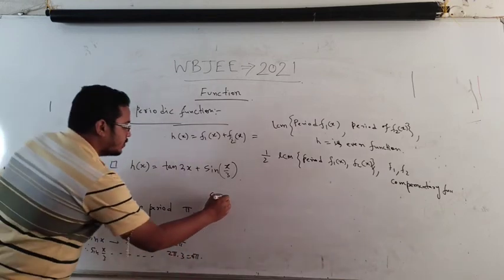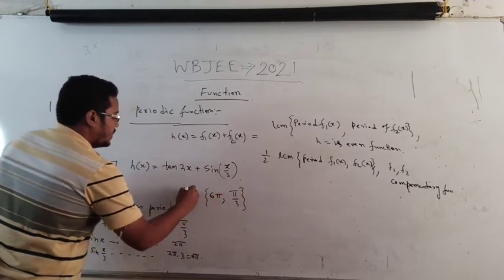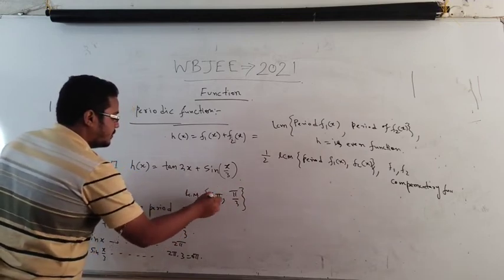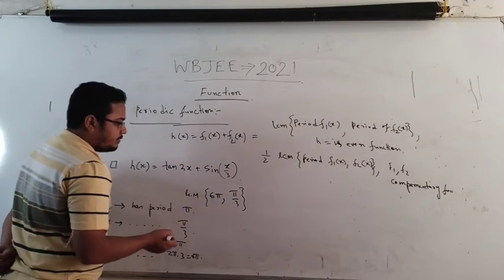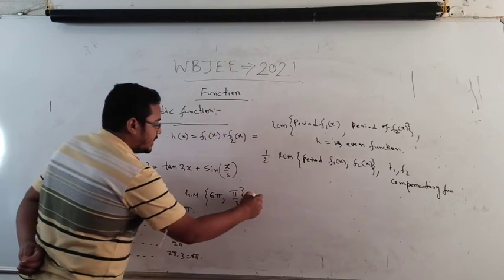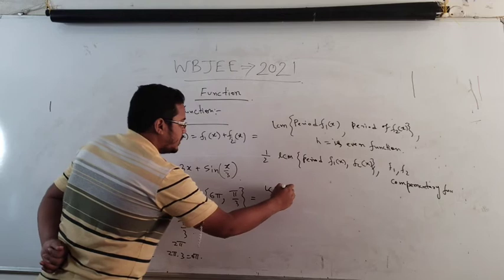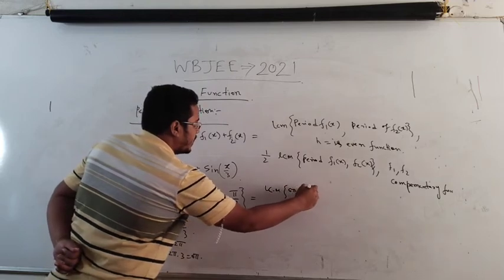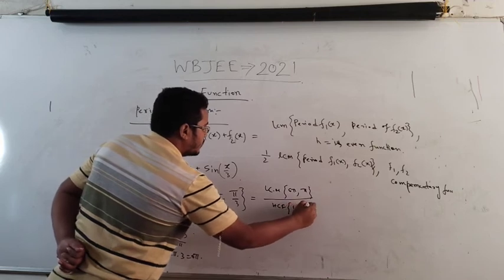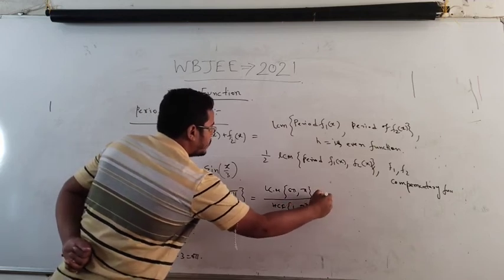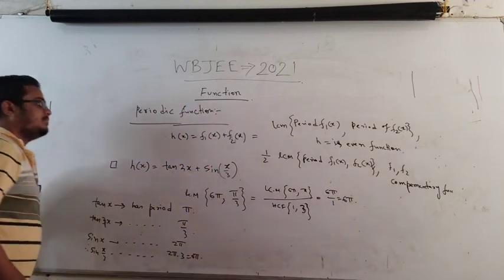So we have to take the LCM of 6π and π/3, and the rule of taking the LCM of rational numbers like this is we take the LCM of the numerators and the HCF of the denominators, and this will be 6π by 1, which equals 6π.